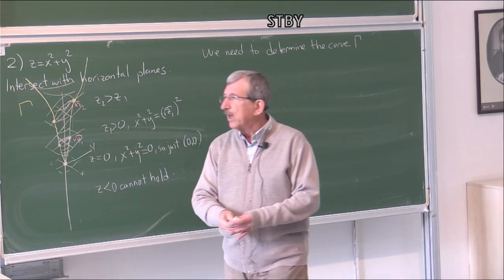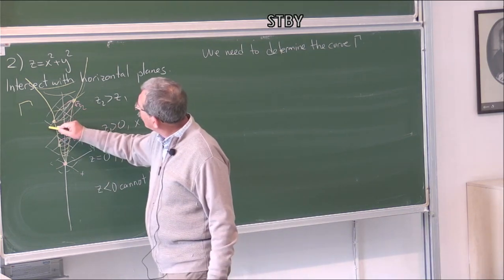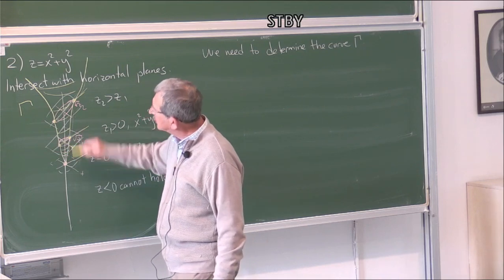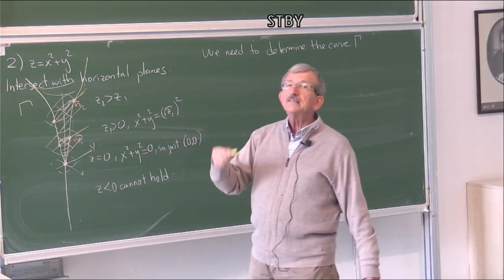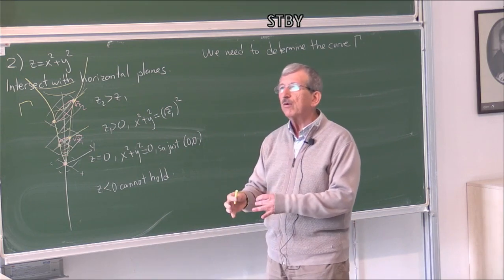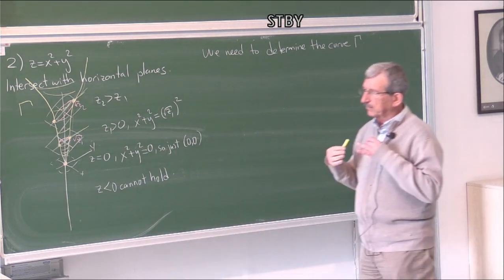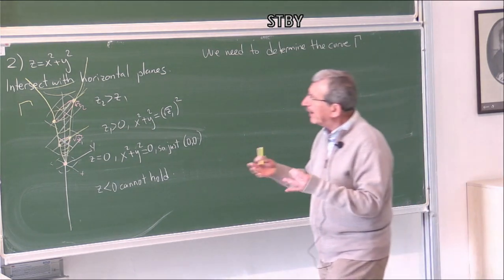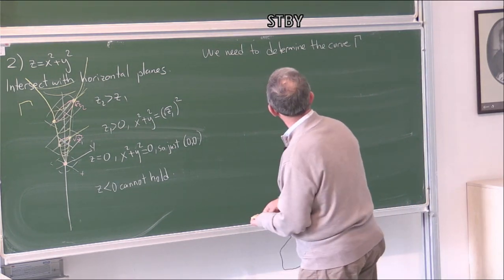Because this is the y-axis, the intersections are on the zy plane, and therefore the value of x must be 0.